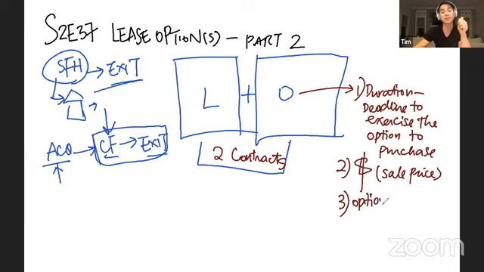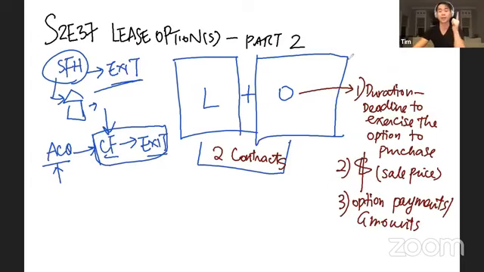So option payments and amounts are predetermined as well. Then you know exactly how long it's going to be, how many payments you're going to make, and by the end of your lease term, what your buyout amount is.